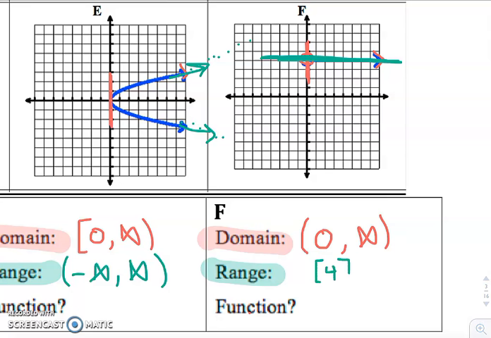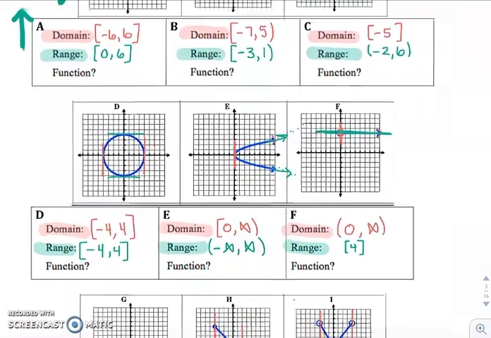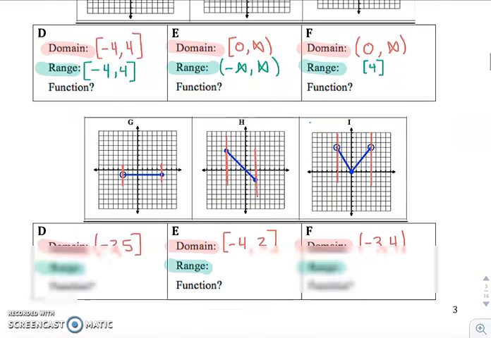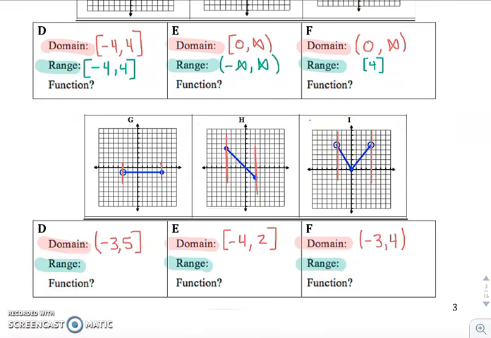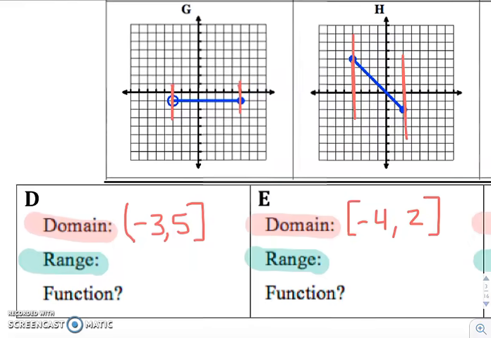But we're including every point on that line because it's continuing out in that right direction. And then your last 3. G is the same way. It's just that horizontal line. So the only y value that is on or included in this graph is that y value of -1.